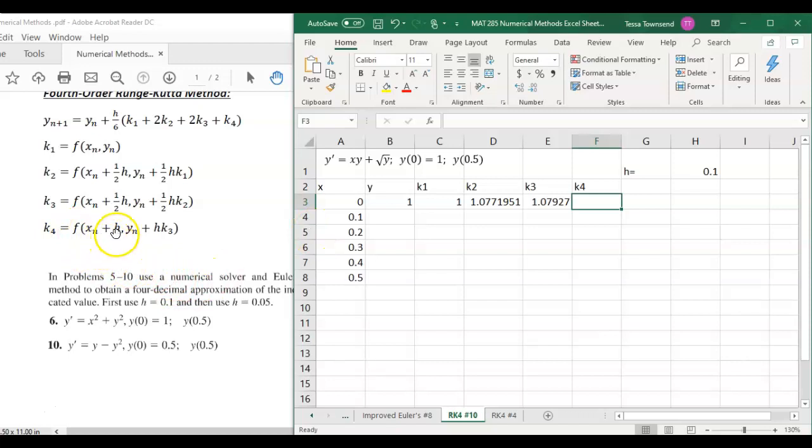So K4 is going to go the whole step size amount instead of the half step size amount.